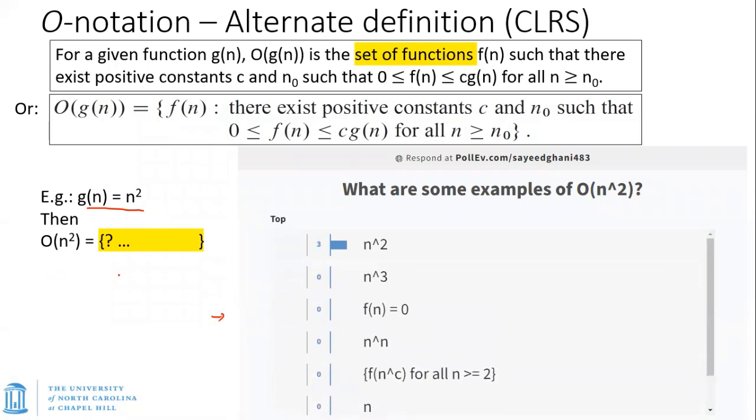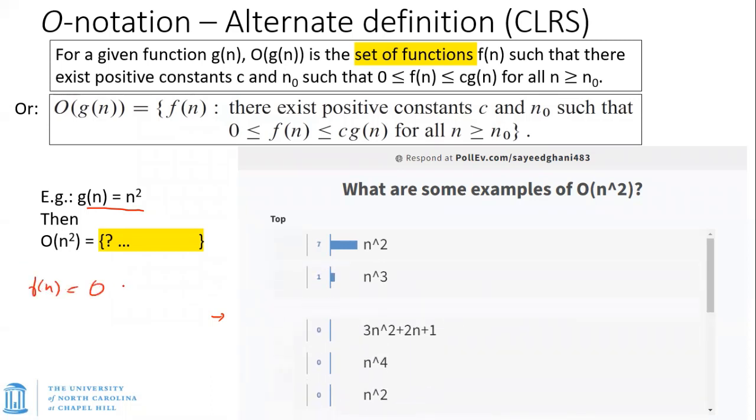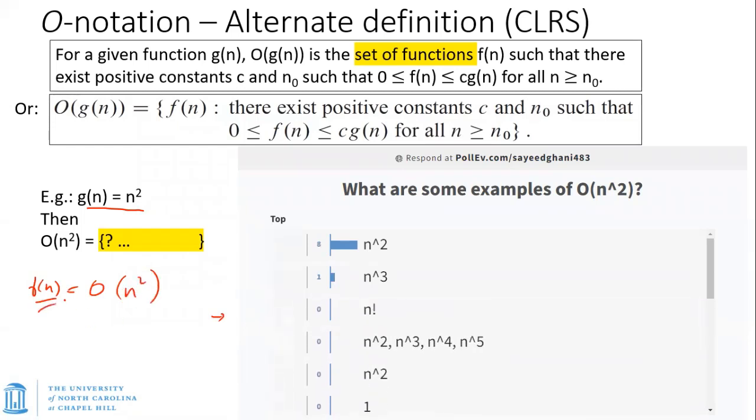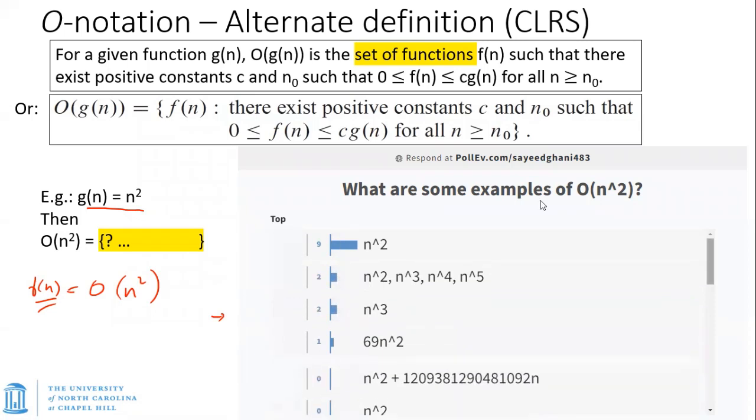So remember, we're basically saying that if f of n is equal to big O of n squared, then f of n, all of these, the order of n squared has to be an upper bound. Okay, so people are suggesting log of n.